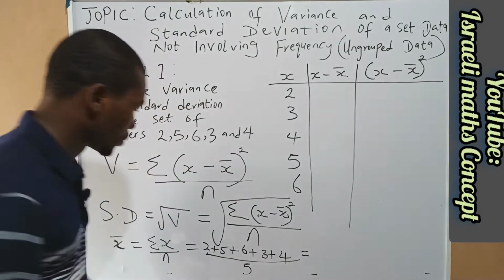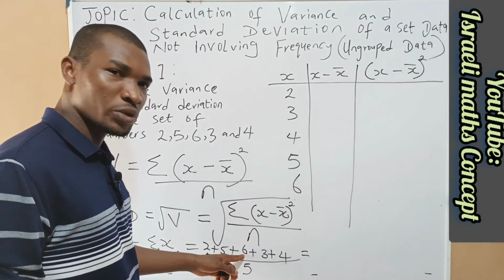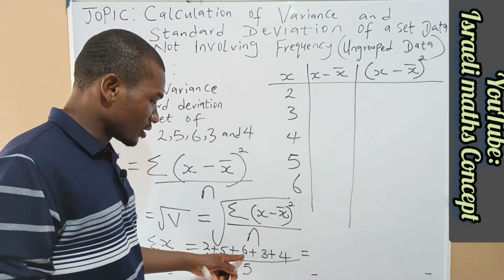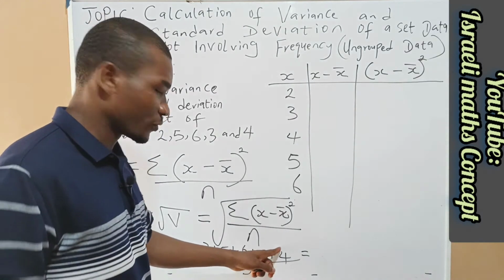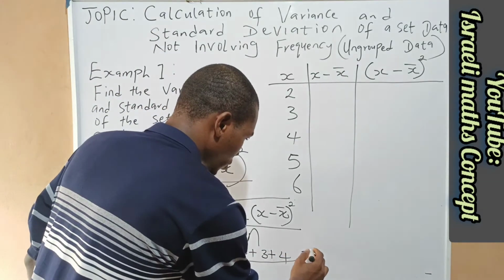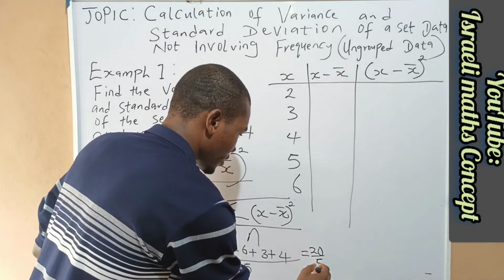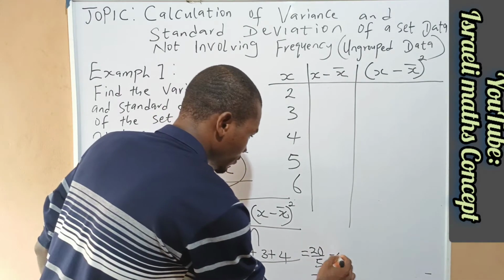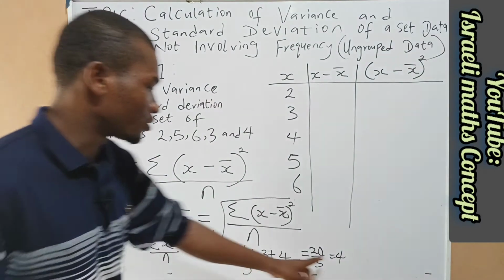And the mean is equal to 2 plus 5 is 7. And 7 plus 6 will give us 13. And 13 plus 3 will give us 16. And 16 plus 4 will give us 20. So we have 20 all over 5. And remember, 20 divided by 5 will give us 4. Hence, our mean is 4.